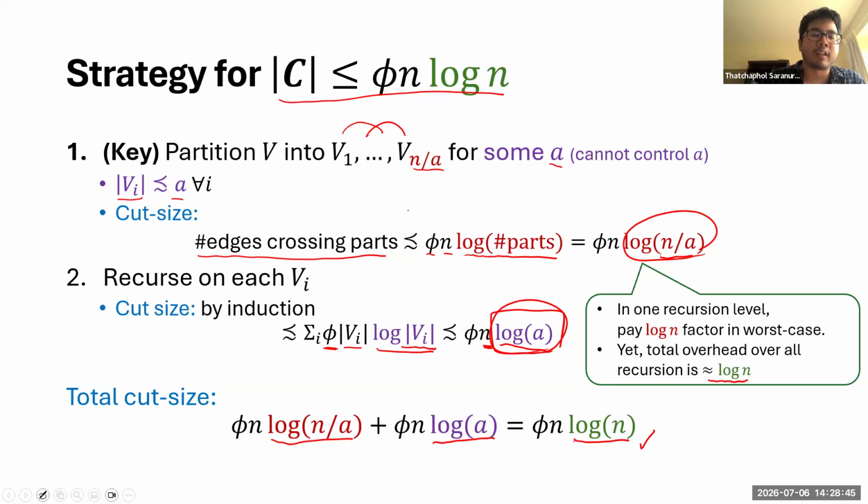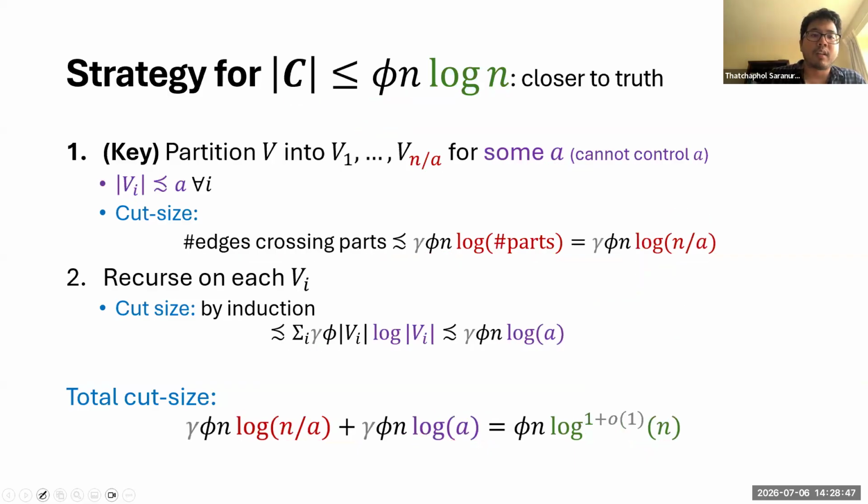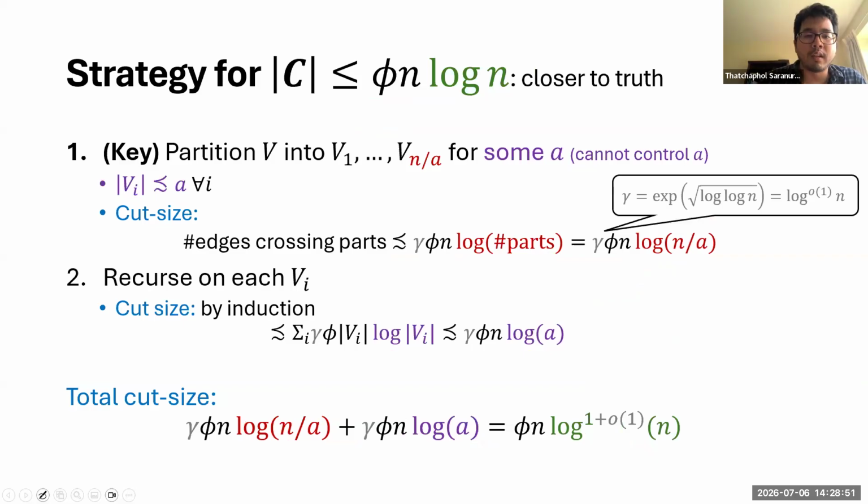Okay, so that's the strategy. And in reality, we're gonna pay some gamma, a sub-polylogarithmic factor throughout the whole recursion, but that's okay.